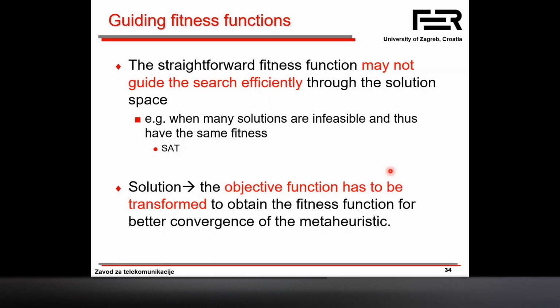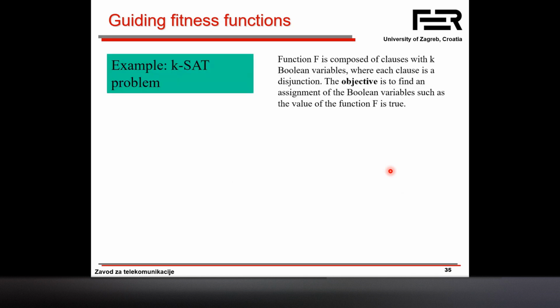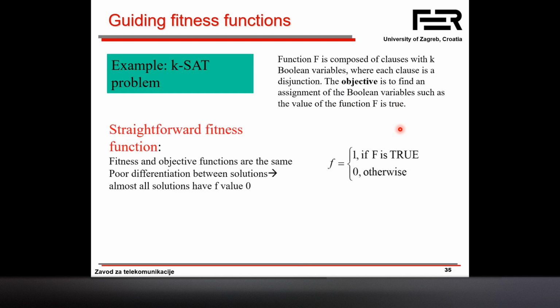Our objective is to find a true or false assignment for all variables that will allow for the final expression to be evaluated to true. However, there are very many solutions which give me false in the end. So function f is composed again of clauses with k Boolean variables. The objective is to find an assignment such that the value of the function is true.